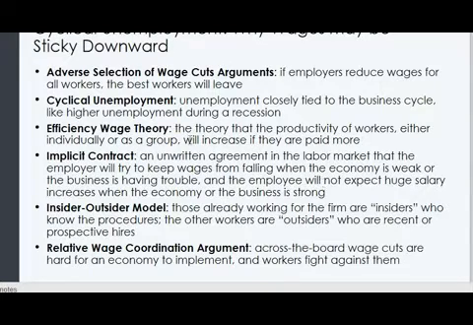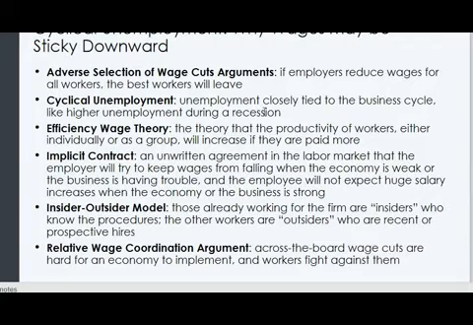Okay, so let's see what are the different factors why wage or salary can affect the unemployment rate. Adverse selection of wage cuts arguments. If employers reduce wages for all workers, the best workers will leave. Syempre, no? Cyclical unemployment. Unemployment closely tied to the business cycle, like higher unemployment during a recession. So, titingnan natin what is cyclical unemployment mamaya, ano?